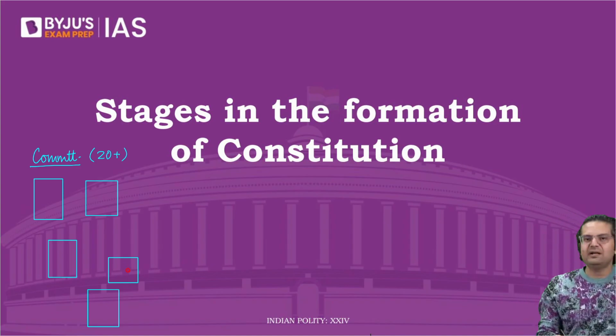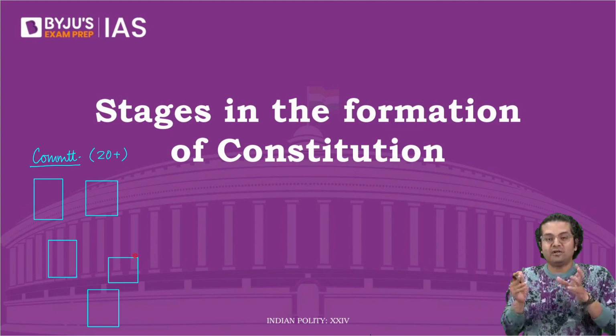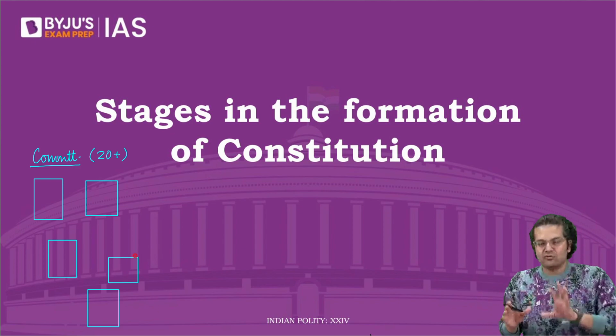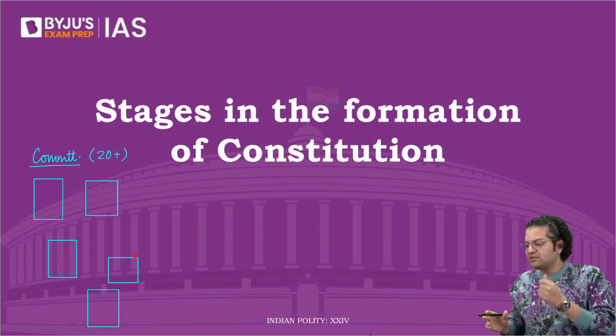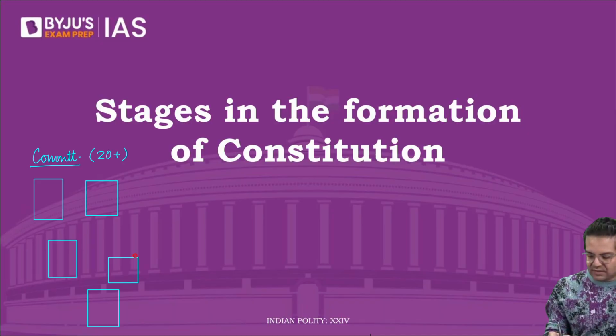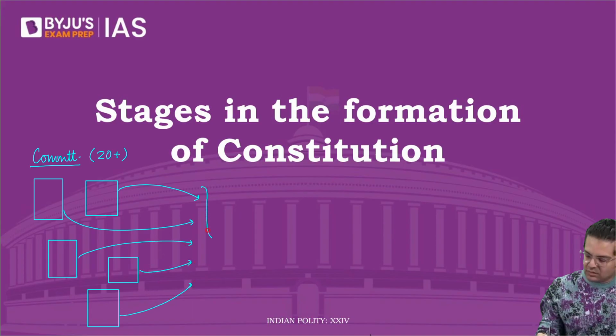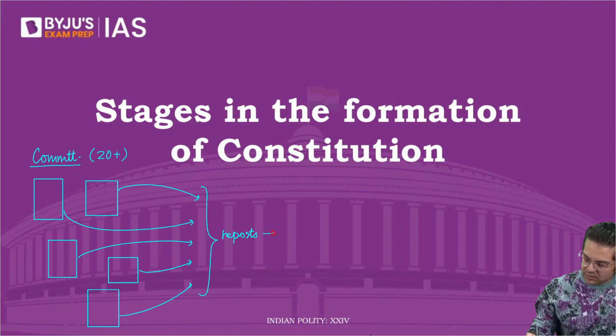And these committees prepared their own recommendations of what they felt should be a part of the Constitution on a topic that was given to them. These committees then gave their reports on the topics. The reports were submitted to Sir B.N. Rao.